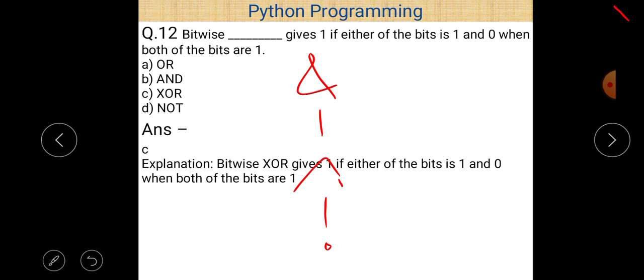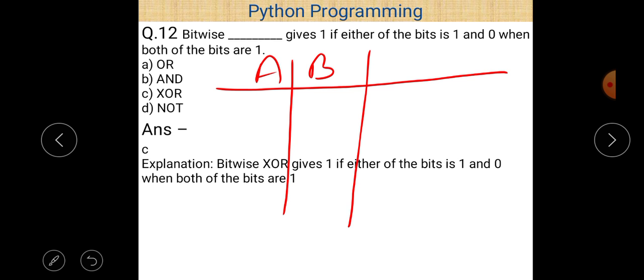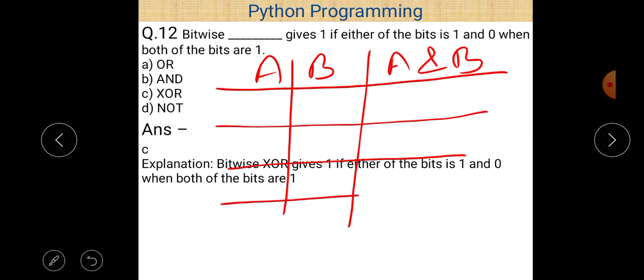Okay, so first of all I will show you the truth table of all these operators. So let us do it one by one. First of all, the value of A and B. If there are two inputs A and B and we have to find A AND B, first of all write all possible input combinations.